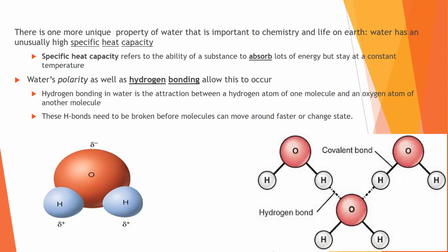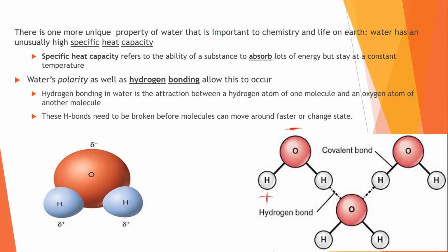So what we're going to concentrate on in this section is something known as specific heat capacity. Water molecules are attracted to each other. So when we draw a water molecule out, we draw it out kind of like this. There's a slightly negative charge at the top. There's a slightly positive charge at the bottom.